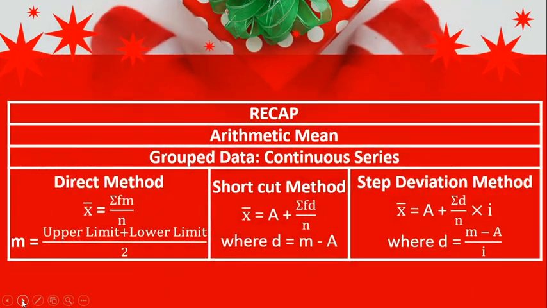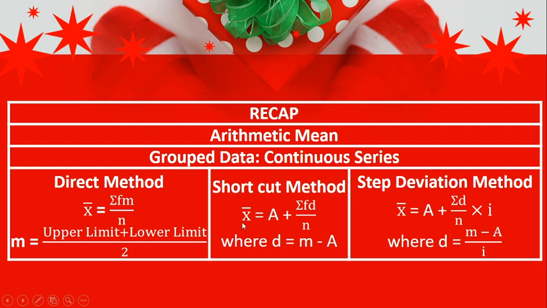Now for a recap. In your direct method, X bar is sigma Fm by N, and M is nothing but upper limit plus lower limit by 2. M is the midpoint. We can easily find the midpoint by just looking at it also.